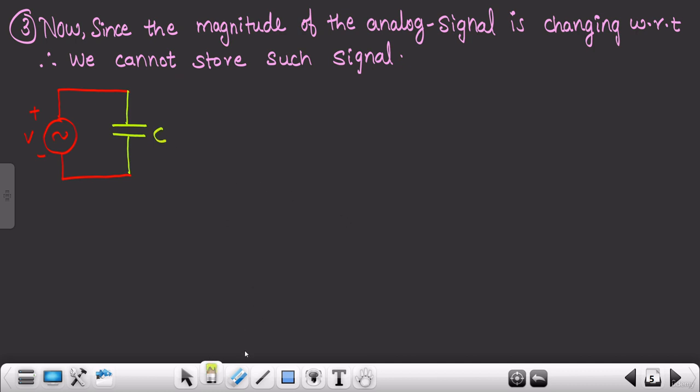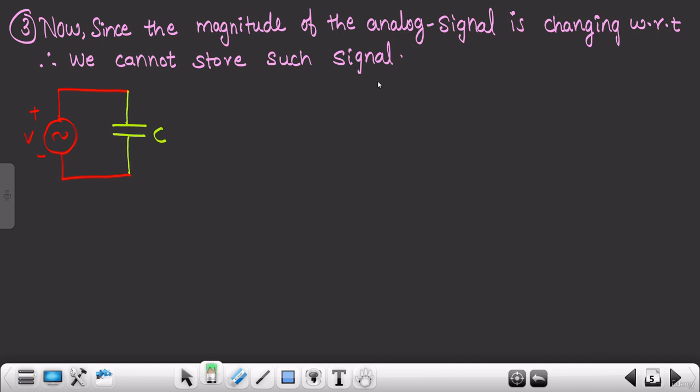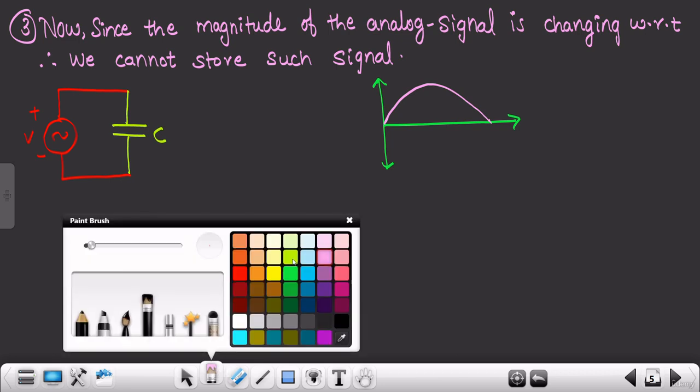Before coming to that point, let me just draw a graph roughly. Let's suppose I'm taking only one waveform, something like this. As we all know, this waveform will look something like this. I'm not drawing the inverted form because it is not required as of now.